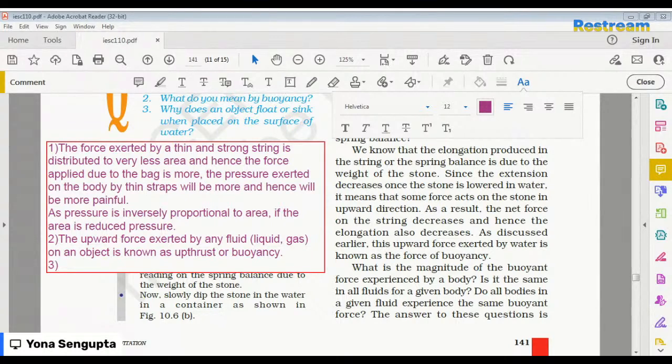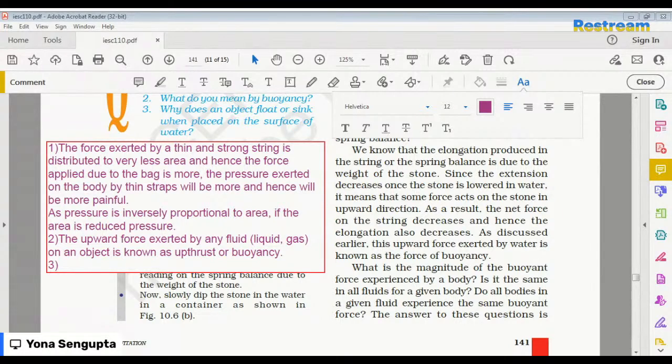Are you understanding? So we can say that when an object is placed on the surface of water, two forces act on the object. First is the weight of the object acting vertically downwards, and number 2 is the upthrust of the water acting vertically upwards. So the object will float on the surface of the water if the upthrust is greater than the weight of the object.